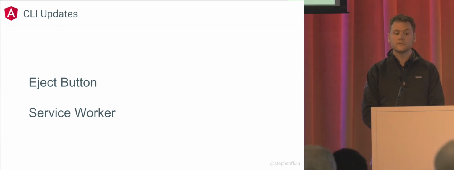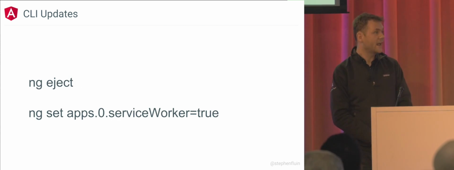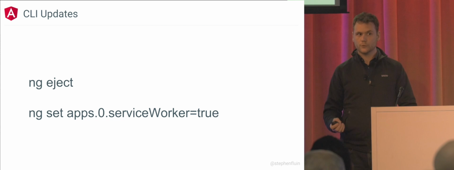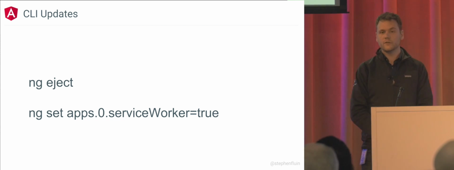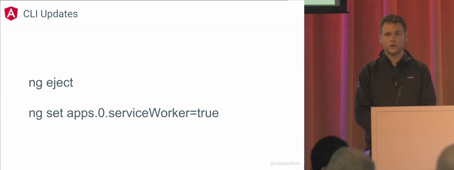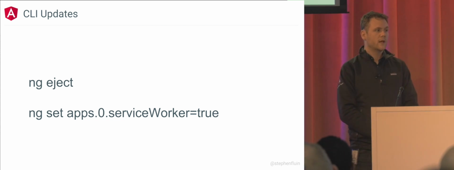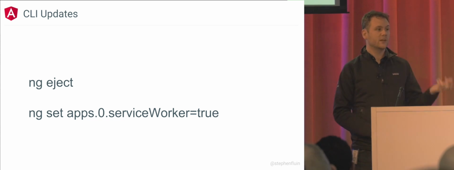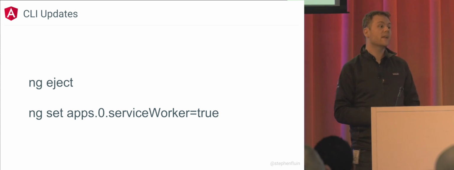And what we've done in the CLI is we've actually added a setting. So you can see the two commands here. You've got ng eject, that's pretty self-explanatory. And then you've got a configuration. In your Angular configuration, your angular-cli.json file, there's now a service worker setting which you set to true. What that does is when you do a production build, it's going to look at your application, look at all the files that are rendered by the CLI and by Webpack, and save all those files as part of a manifest.